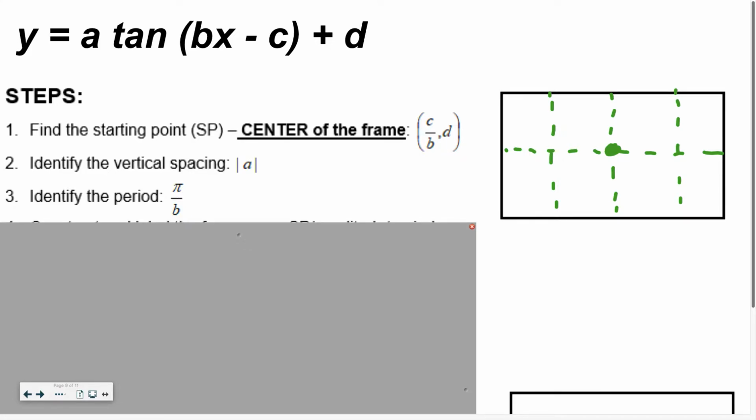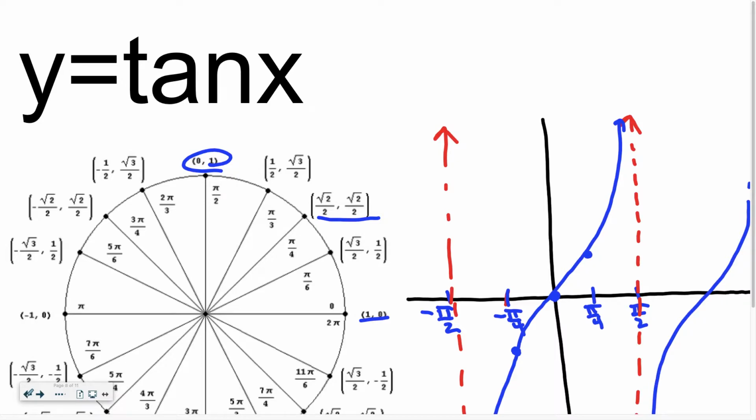The period of our tangent parent function is pi. And so to identify any horizontal stretch or shrink, we're going to calculate the period by taking pi over b instead of 2 pi over b. Okay. Now, to construct your frame, and I'm going to come back to here real quick.